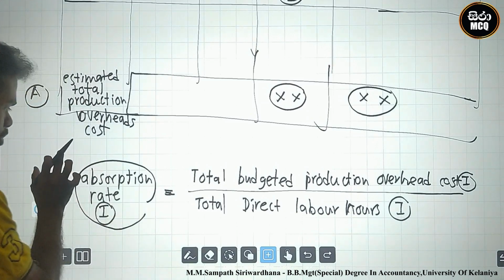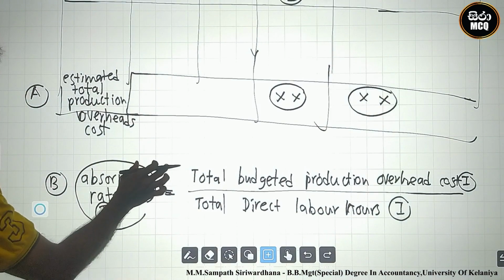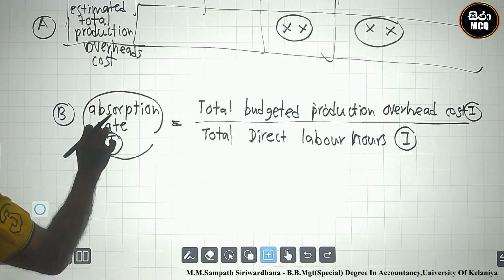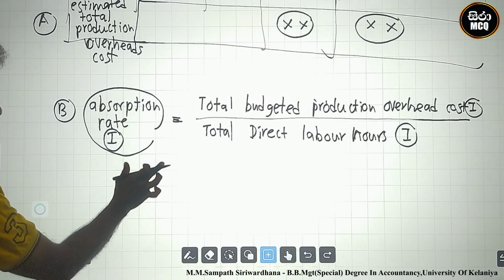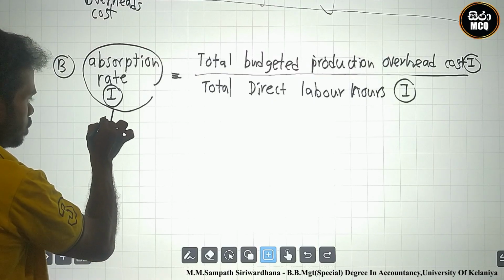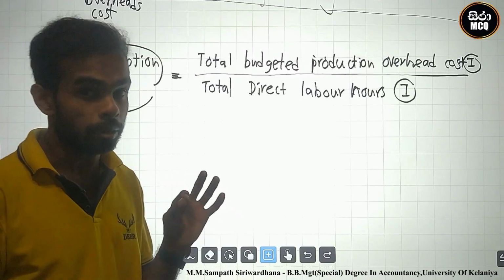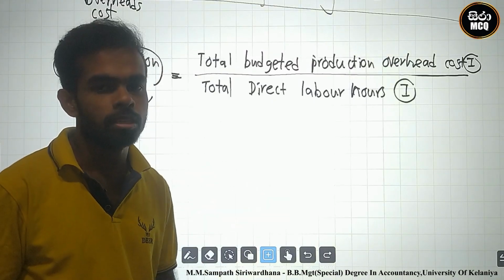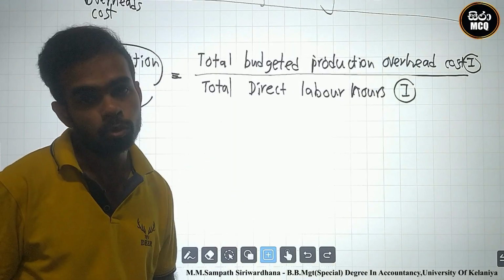This is the B step. Now there is a second step. After calculating this absorption rate, you prepare what? Based on the absorption rate, you absorb, that is include, the cost in the unit.